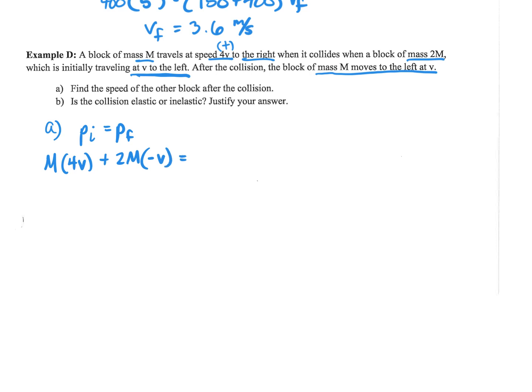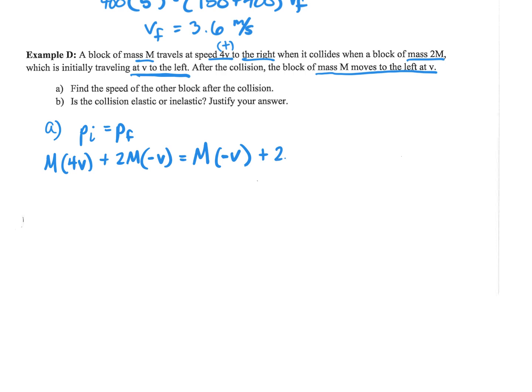Now, we know mass M is moving, but we don't know what its final velocity is, do we? Oh no, we do know. It's moving to the left at v, so what does that mean? Negative v, right?